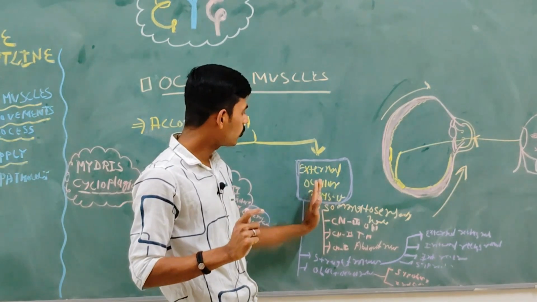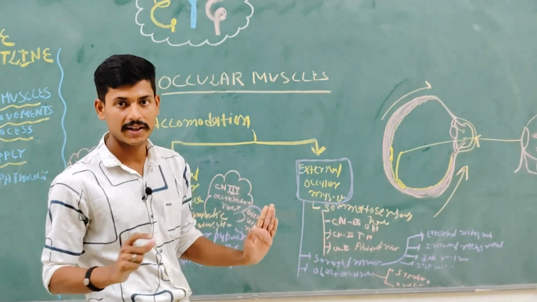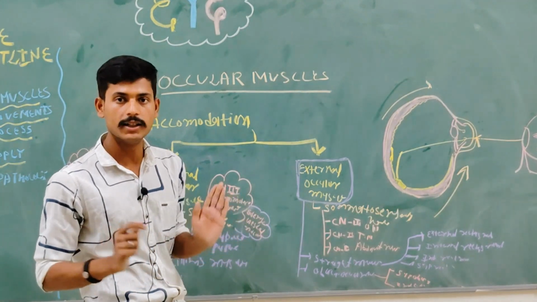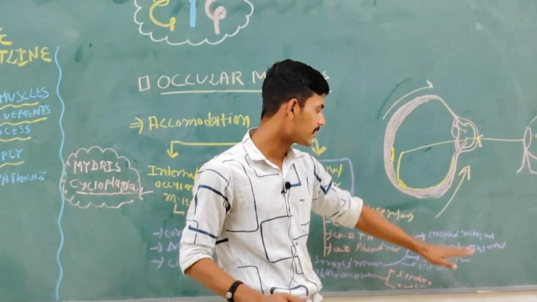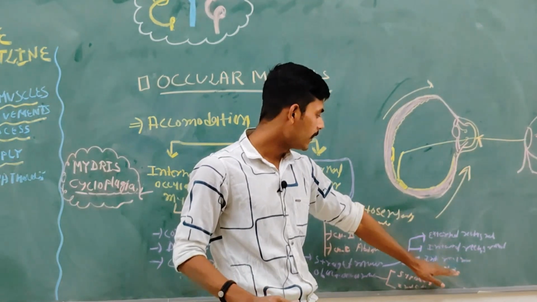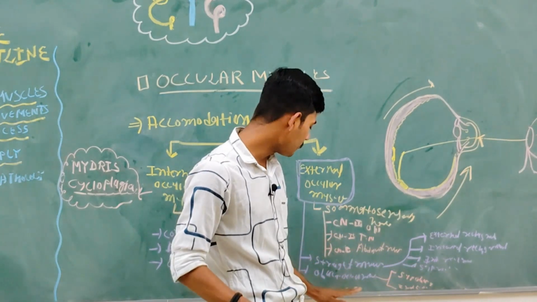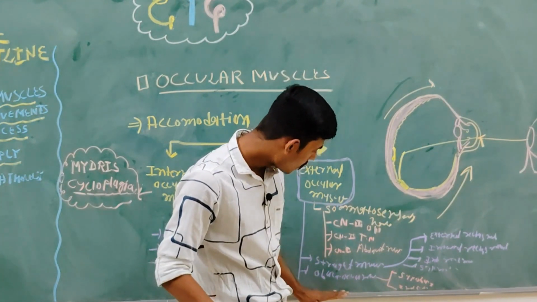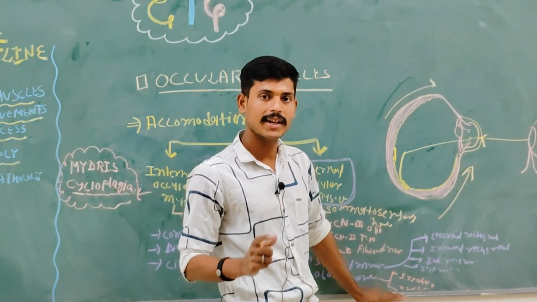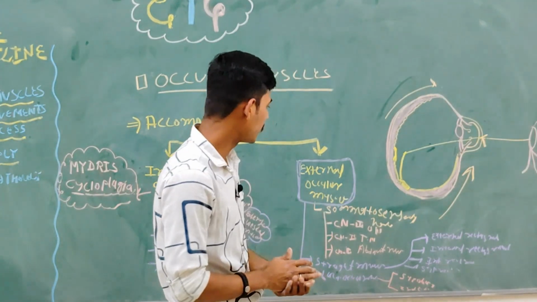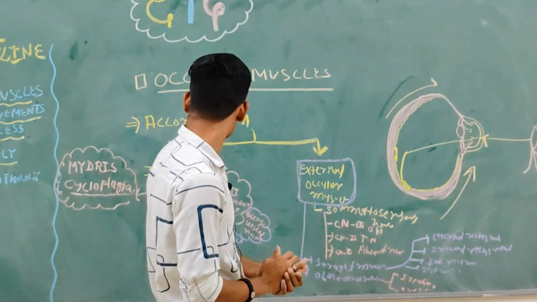The external ocular muscles are divided primarily into two types: the straight muscles and the oblique muscles. In the straight muscles, there are four: the external rectus, internal rectus, inferior rectus, and superior rectus muscles. Then the oblique muscles are of two types: the superior oblique and the inferior oblique muscle. Understood? Any doubt? No? Move ahead.